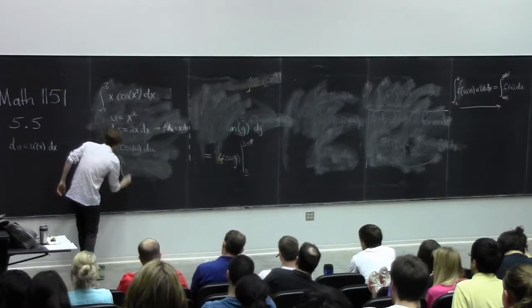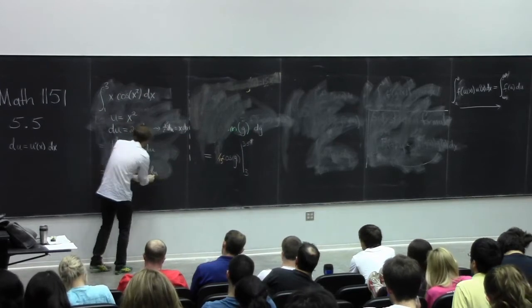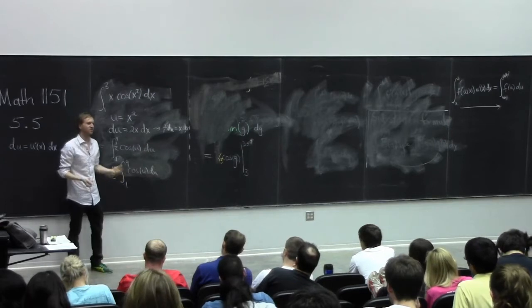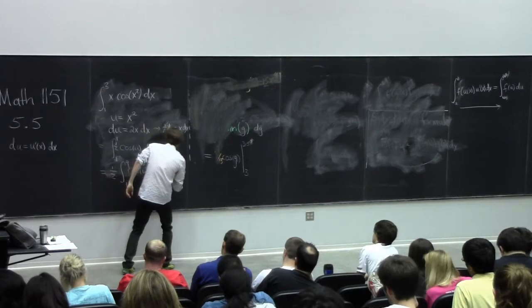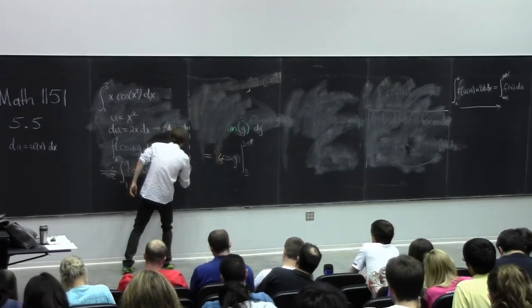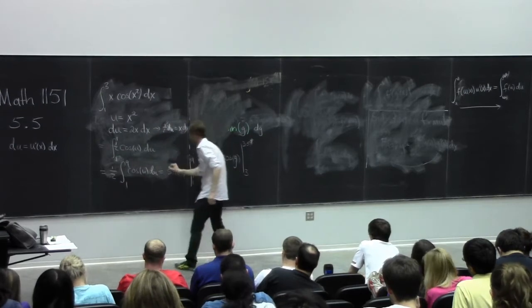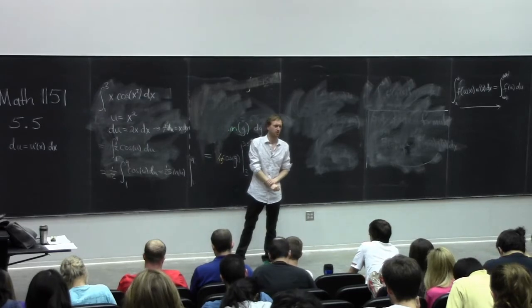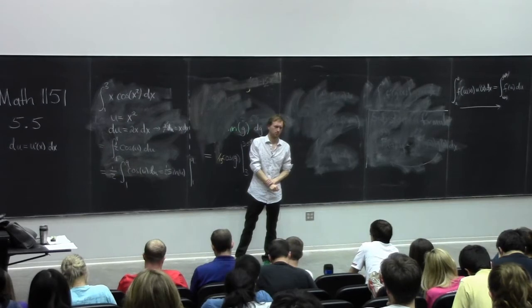It's 1/2 integral from 1 to 9 of cosine of u du. U is just a variable. It's just a placeholder. What's the antiderivative of cosine? Sine. This is equal to 1/2 sine of u evaluated from 1 to 9. Right?